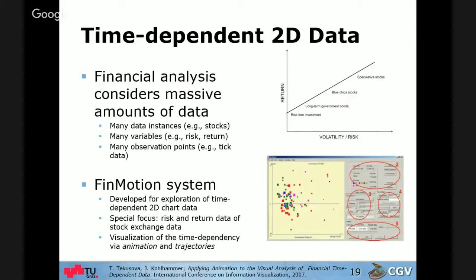And typically, assets of certain risk classes are mapped in such a 2D data space for risk and return. And basically, when comparing data across time, every financial asset is a plot in this scatter plot, which moves through space in this diagrammatic representation.